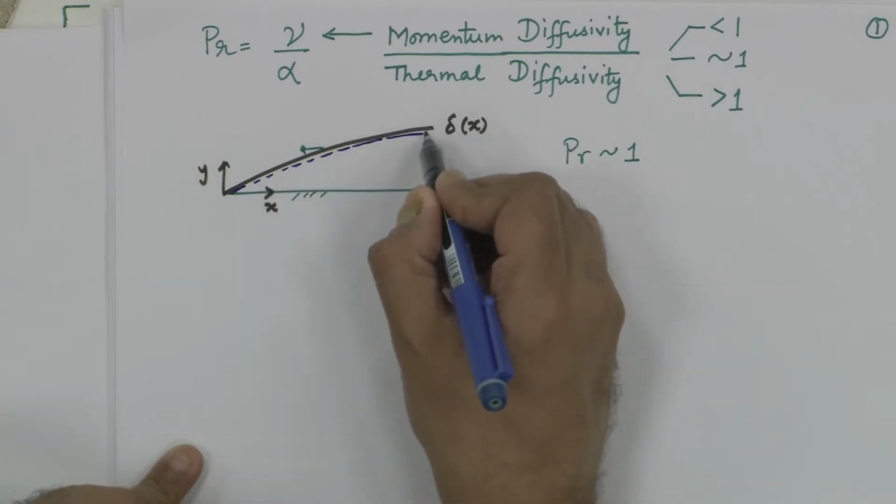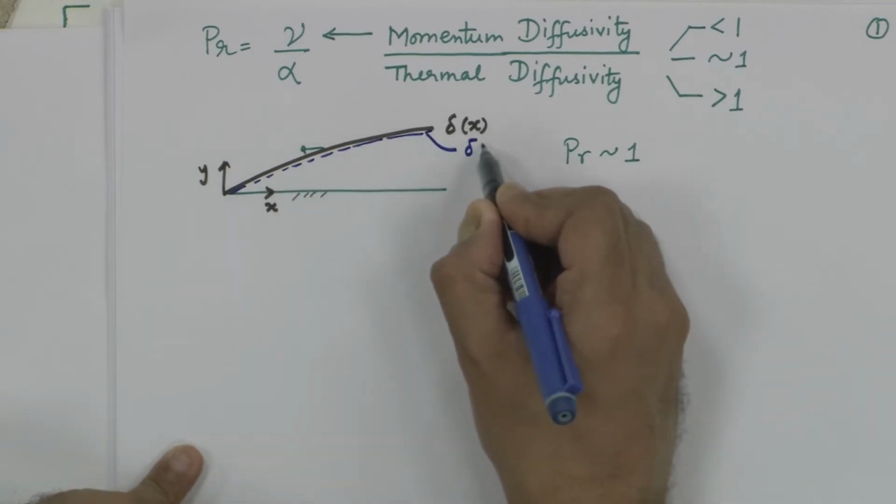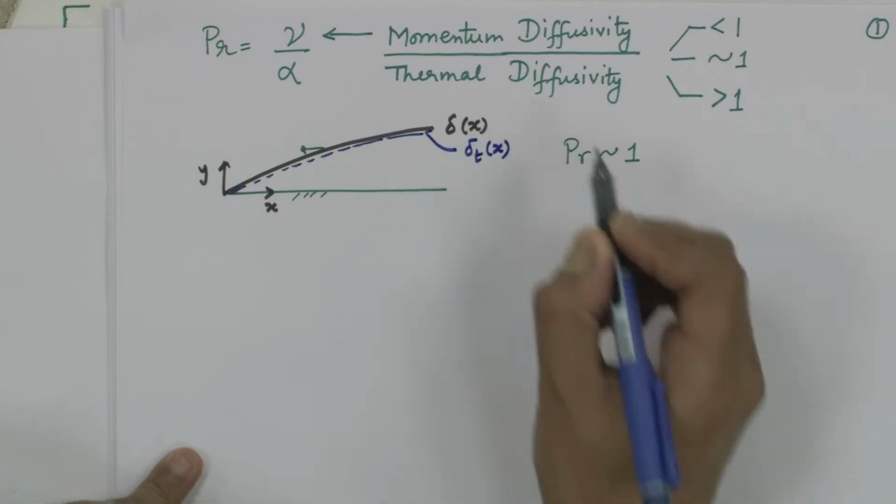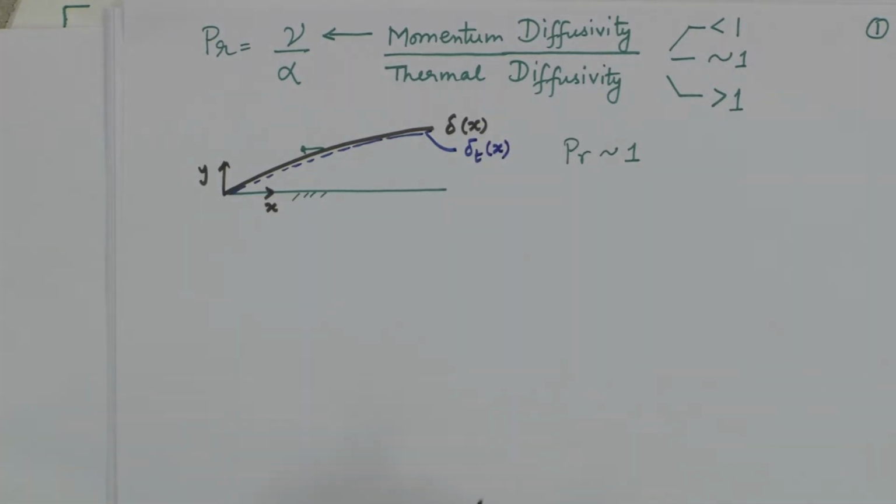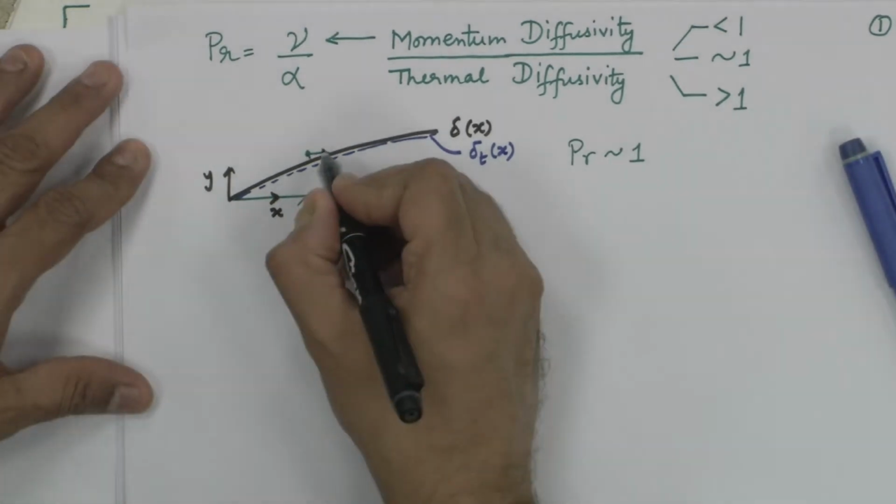The curve shown in purple is the thermal boundary layer. These two boundary layers are kind of the same dimension, the growth rate is also similar. This is for Prandtl number equal to 1 or approximately equal to 1. What happens to the velocity and temperature profiles?